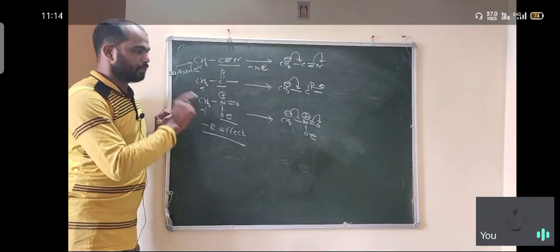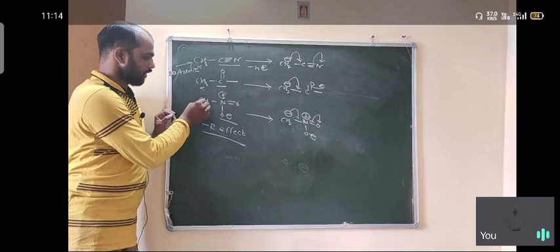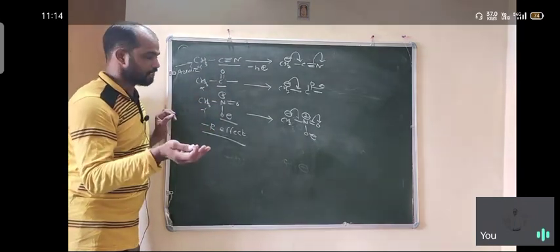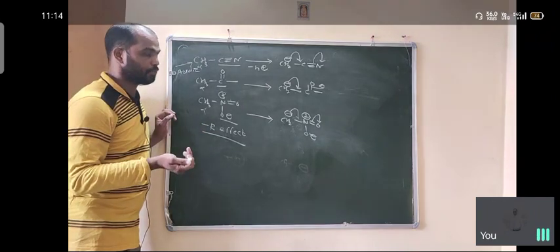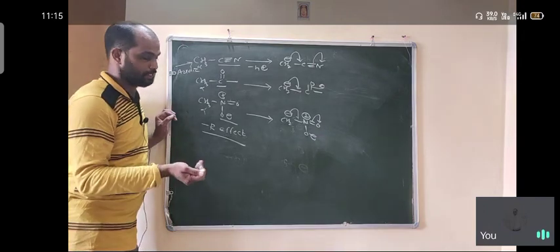So this way you can form carbanions in a number of reactions. Suppose the number of electron withdrawing groups increases, then again the acidic nature increases, and that means the ability of formation of carbanion also increases.